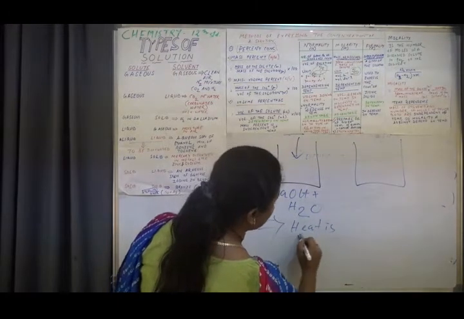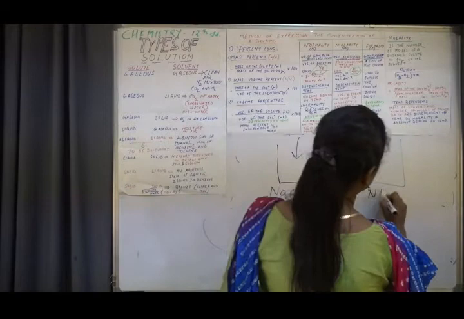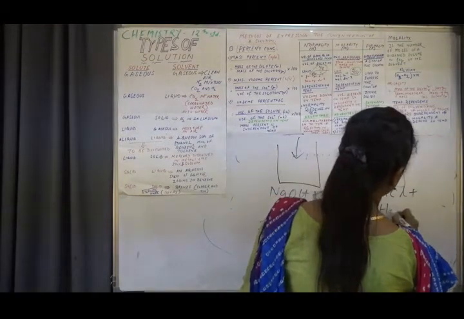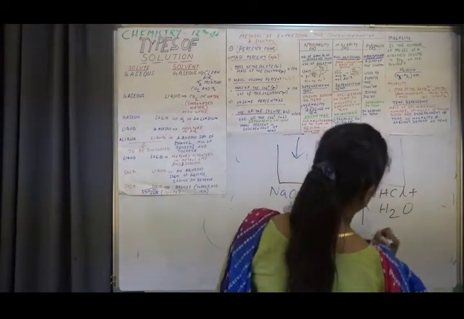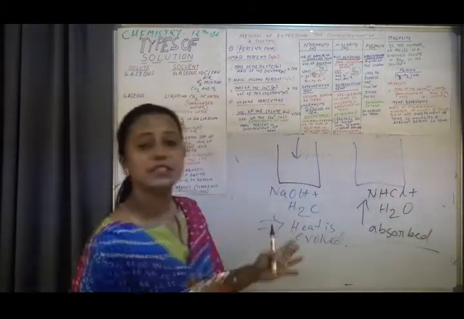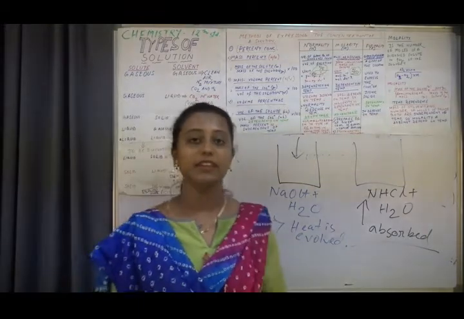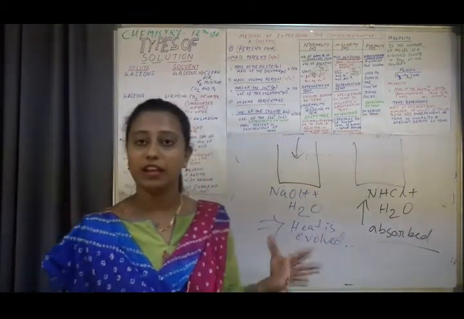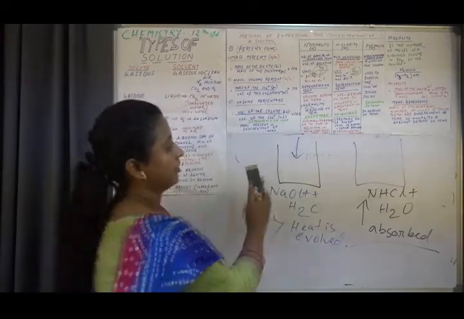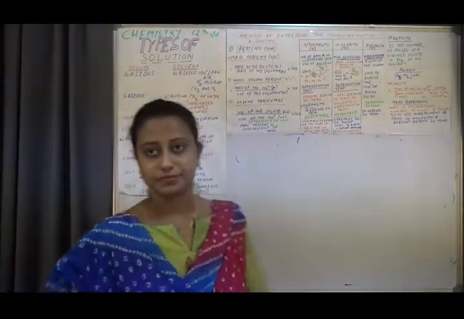And NH4Cl plus H2O, heat is absorbed. When heat is evolved, it is called an exothermic reaction, and when heat is absorbed, that is called an endothermic reaction. So these are the two terms covered.